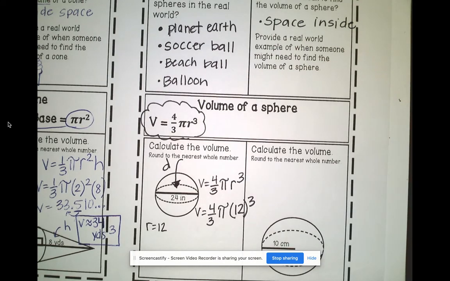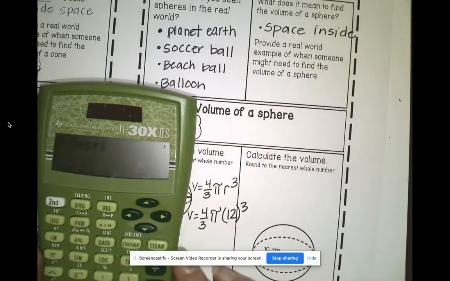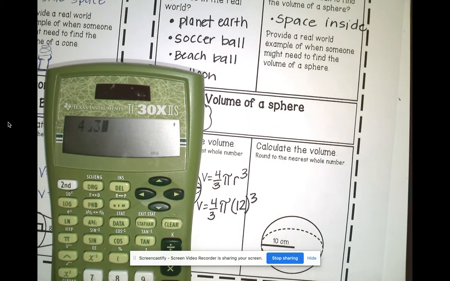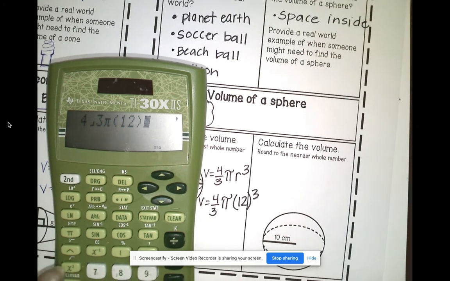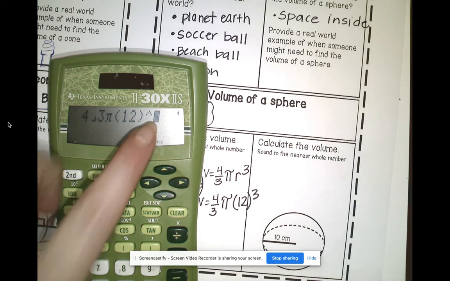I'm going to show you where the third power is on our calculator. So 4/3 using the fraction button, pi, parenthesis, 12. And I know we're used to using this squared button. We cannot use that. But I call this little caret top, that means raised to the. I'm going to push that button, and you should get that little caret top up there.